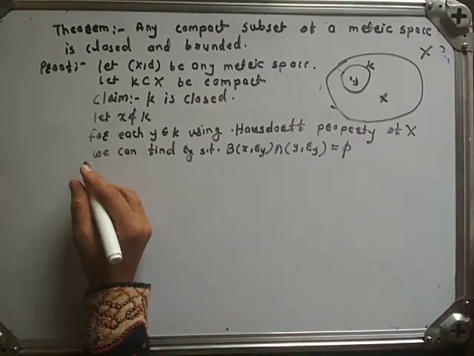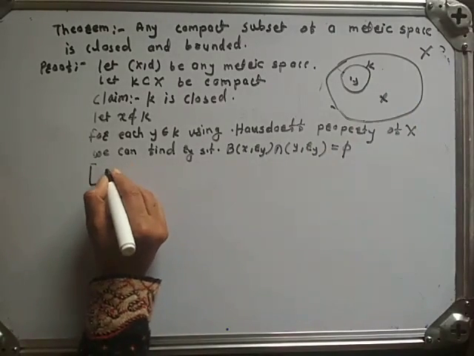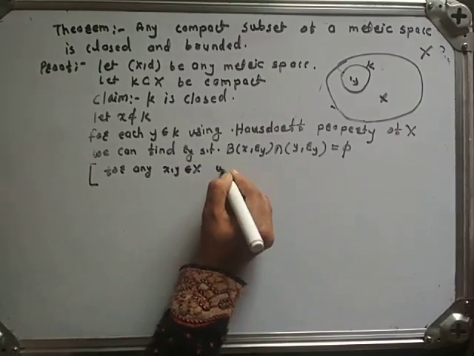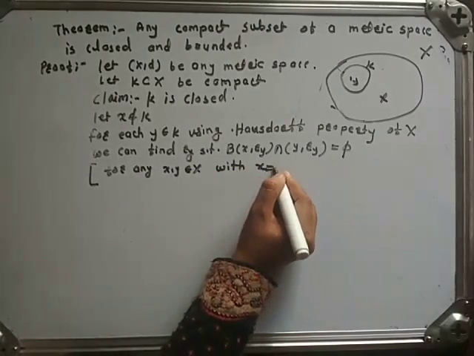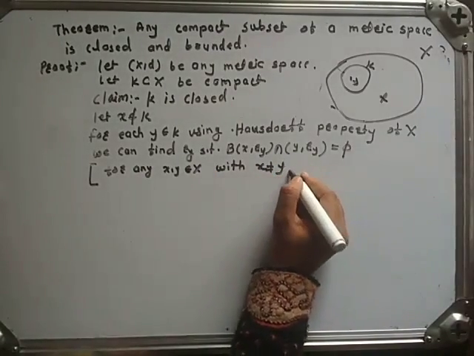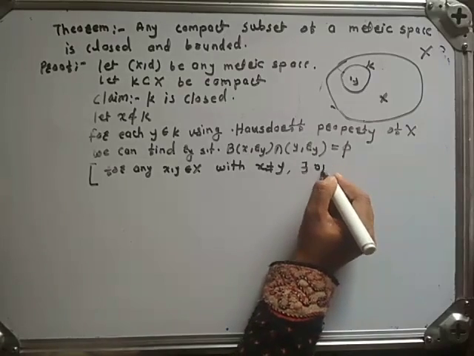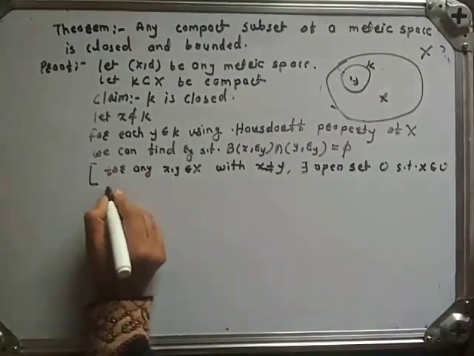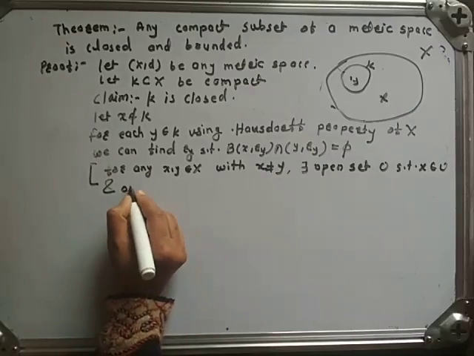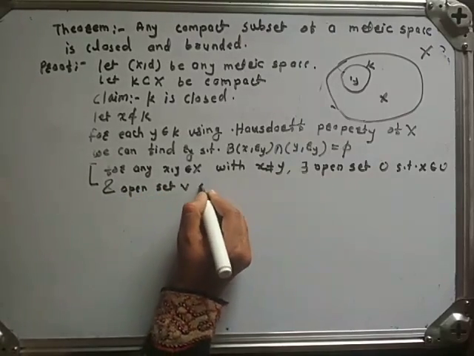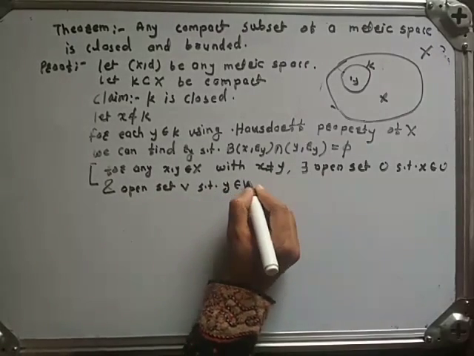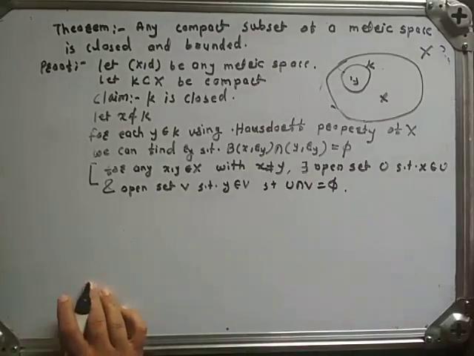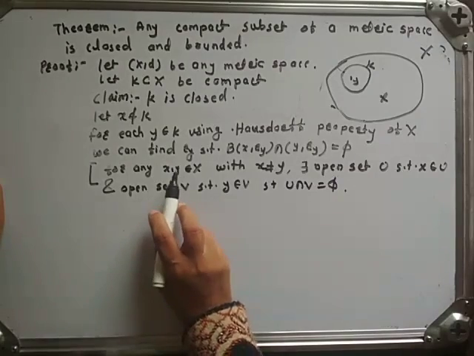First of all, see what is the Hausdorff property. For any x comma y belongs to capital X with x not equal to y, meaning x and y are distinct points in X, there exists an open set U such that x belongs to U and an open set V such that y belongs to V, such that U intersection V is equal to empty set.